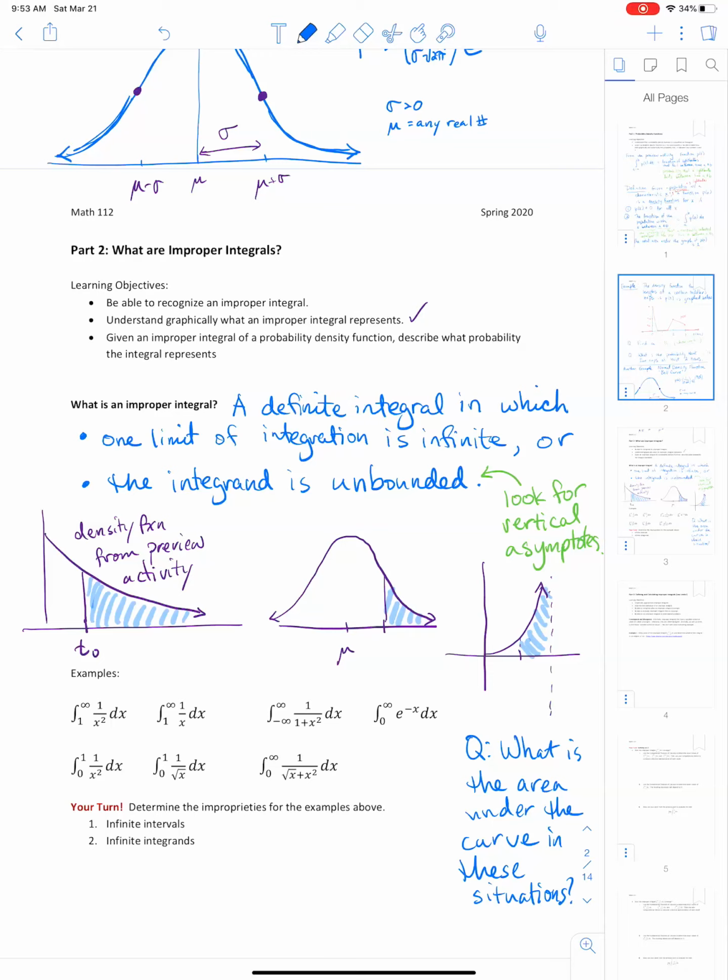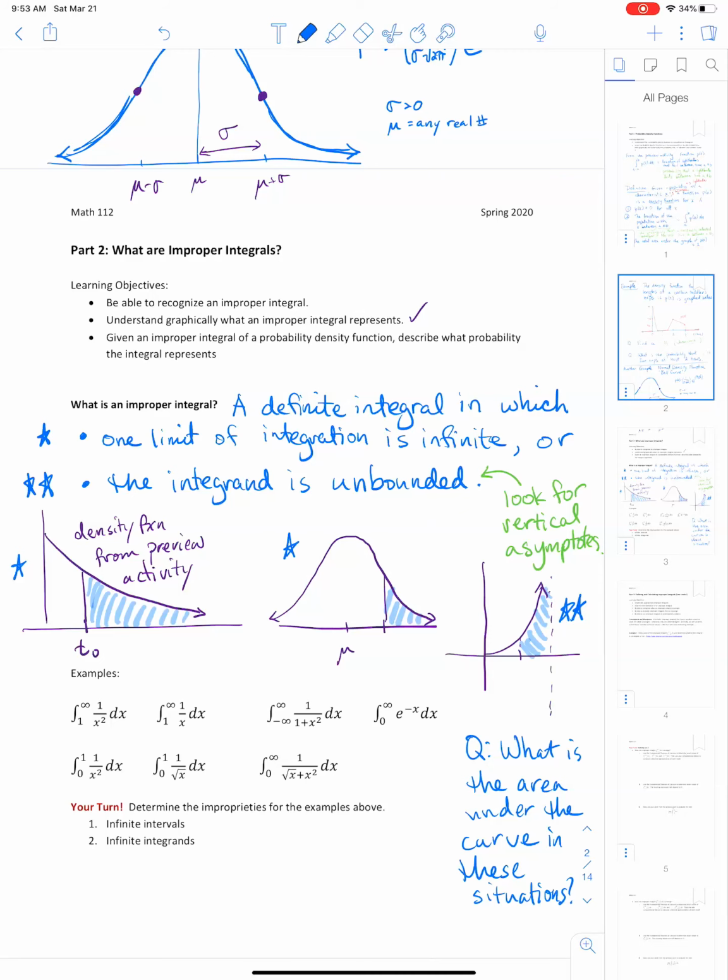For now, though, what I'd like you to be able to do is to recognize the different kinds of improper integrals. So maybe what I'll do is I'll just point out we have infinite limits of integration. Let's just call this star, and then let's call double star where we have an unbounded integrand. So in these first two cases that I pictured here, those are where we have infinite limits of integration. This last case here is an unbounded integrand.